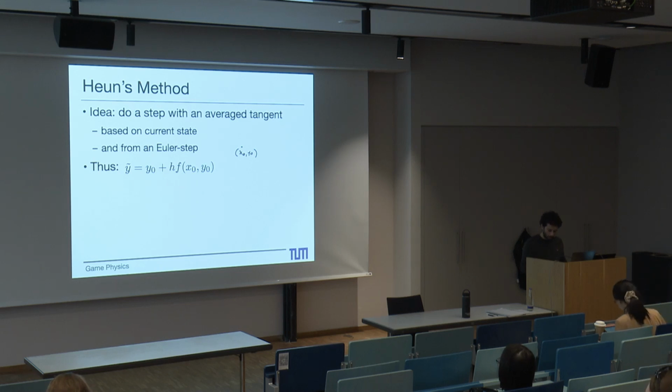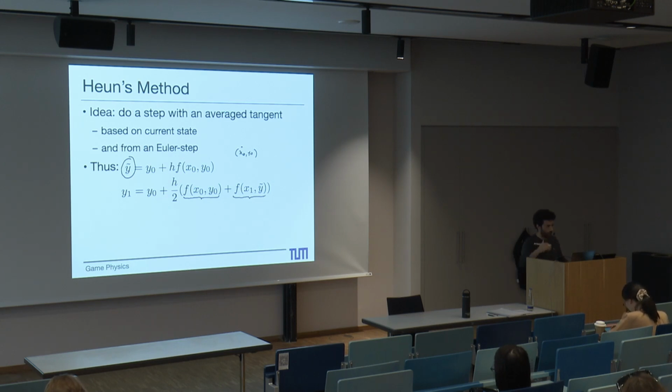Then we compute an estimate of the solution y tilde, one time step further in time. Then we perform a second Euler step. However, we are still performing a full step, but we are averaging the value of the tangent that we get at the initial point with the value of the tangent that we get in a point slightly farther away.